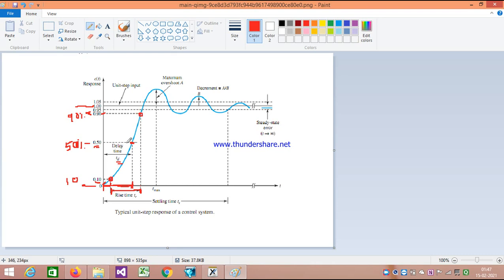So this time requirement is called the rise time. So delay time means 0 to 50%, rise time means 10% to 90%, right?